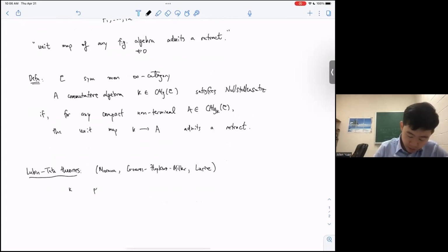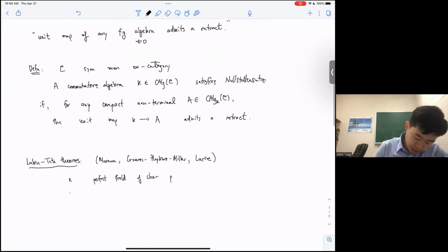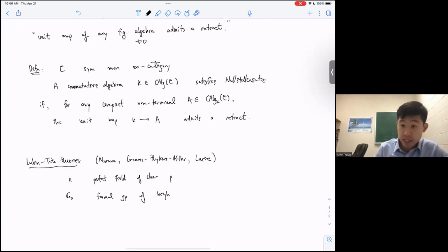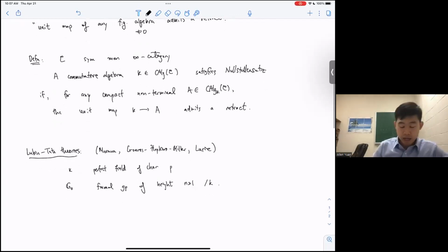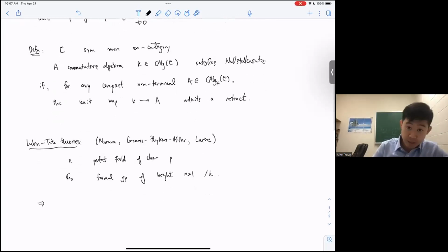So it involves a perfect field K of characteristic p, and a group G0, or sorry, a formal group G0 of height n, so n is some integer which is at least 1, over K. And from these two inputs, they produce a commutative ring spectrum En of K and G0, which is a Kn local E-infinity ring spectrum.